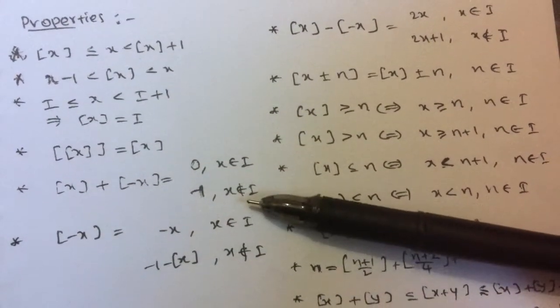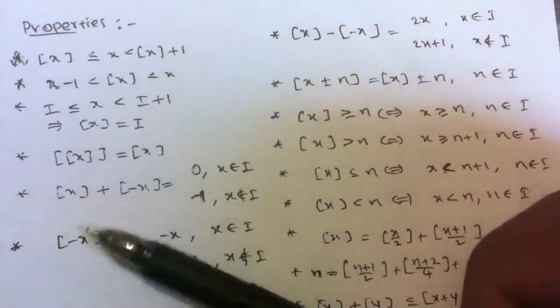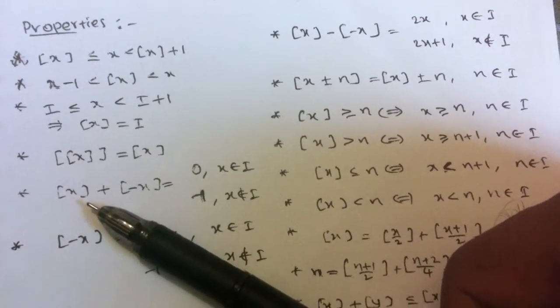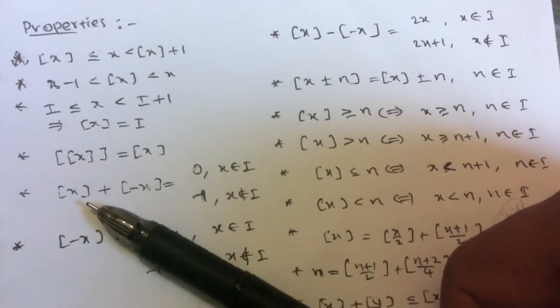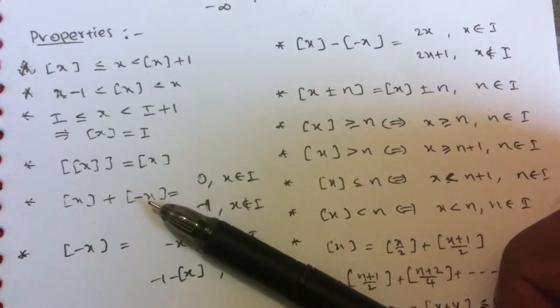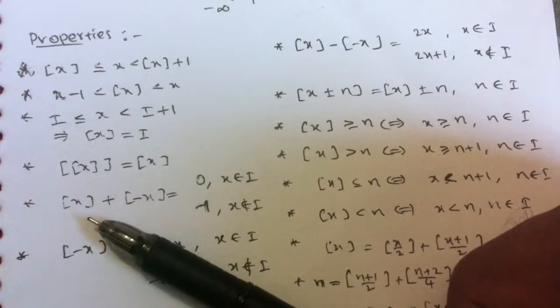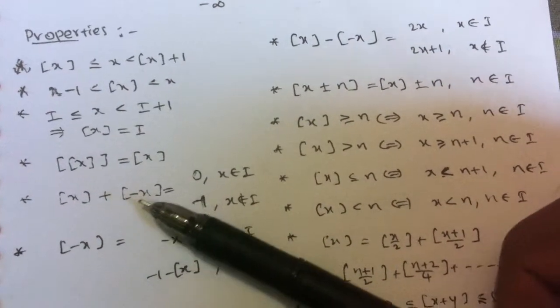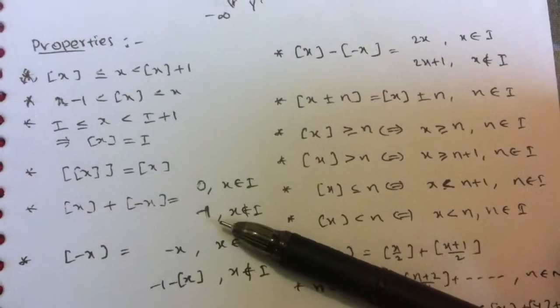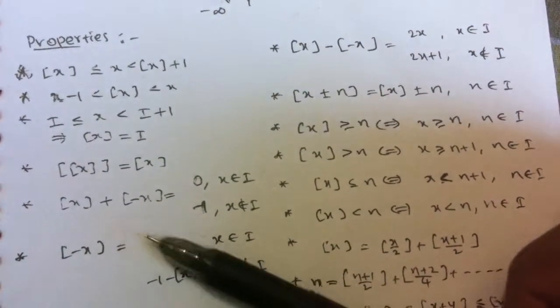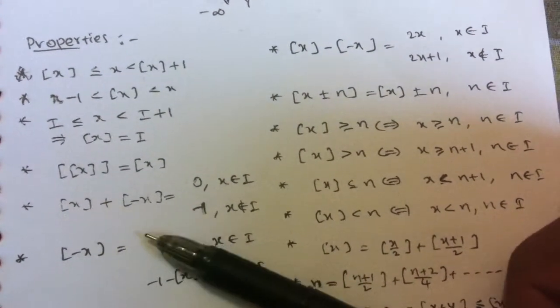So 2.3 is a non-integer number. Step 2.3 is 2. Step of minus 2.3 is minus 3, right? Then what is the value? 2 plus minus 3 is minus 1. So this property indicates this kind of values.